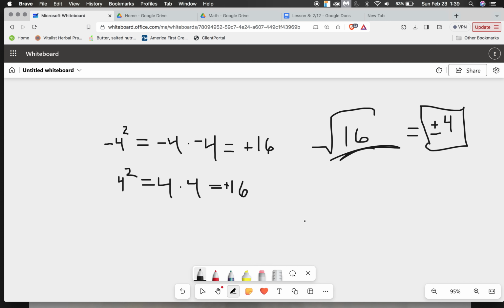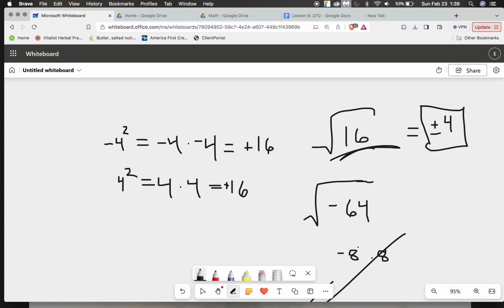What if you did the square root of negative 64? Now, does that work? Well, is there any number that you can multiply by itself and get a negative number? If you were to try and multiply negative 8 times 8, you would get negative 64, but negative 8 and 8 are not the same number.